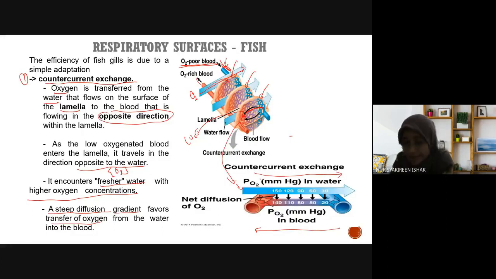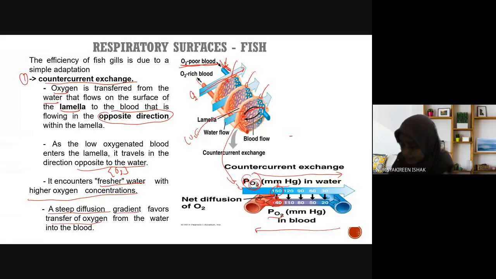So as blood passes through the lamella, look at the oxygen partial pressure within the water, which is always higher compared to the partial pressure of oxygen in the blood. If the water is 150 for oxygen partial pressure, it encounters a lower oxygen partial pressure in the blood, which is 140. So obviously diffusion will occur from water into the blood.